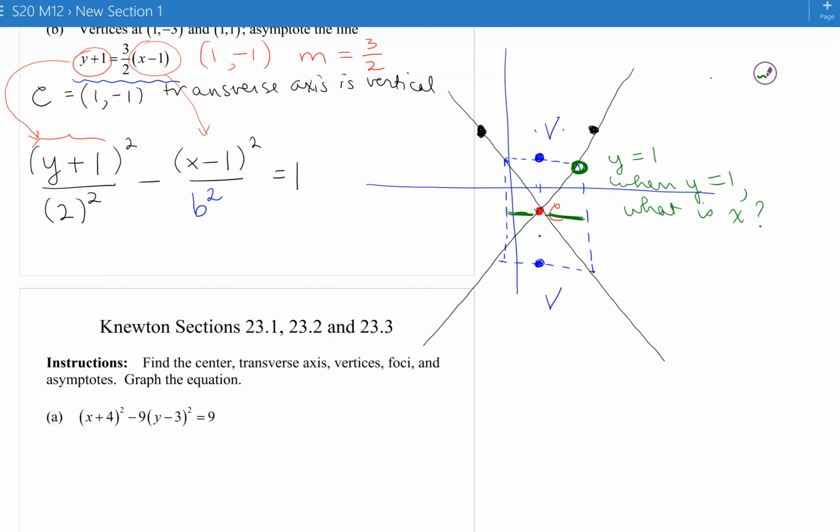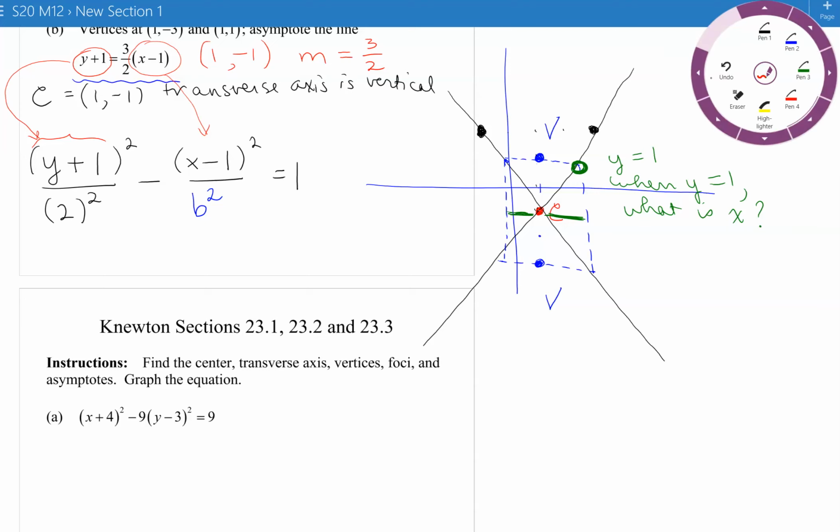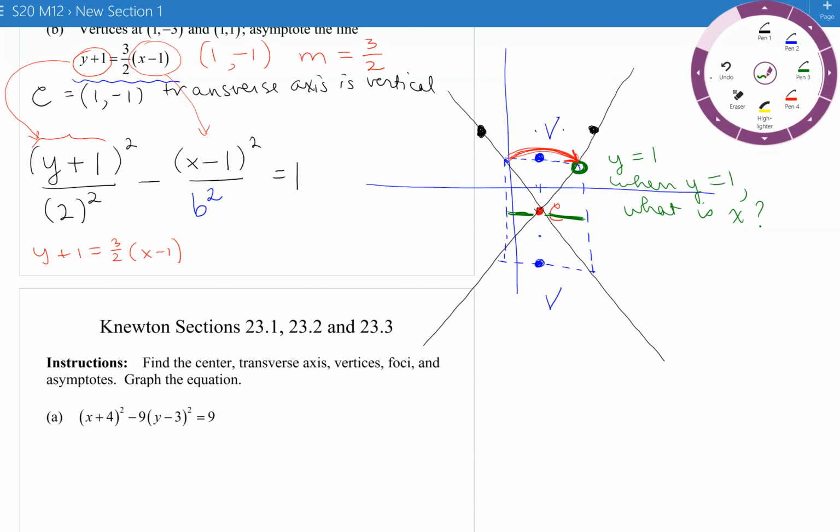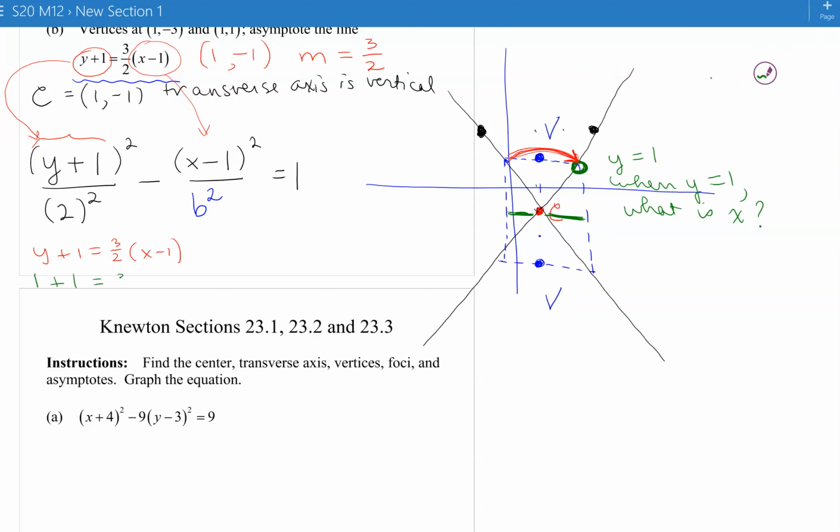Because that's the thing I'm interested in, is this x amount. But when I do this calculation using the line, I'm going to get this whole x coordinate, and then I'm going to have to figure out what that means in my picture. So let's look at the equation of the line. y plus 1 equals 3/2 times (x minus 1). So when y is 1, I'll have 1 plus 1 equals 3/2 times (x minus 1).